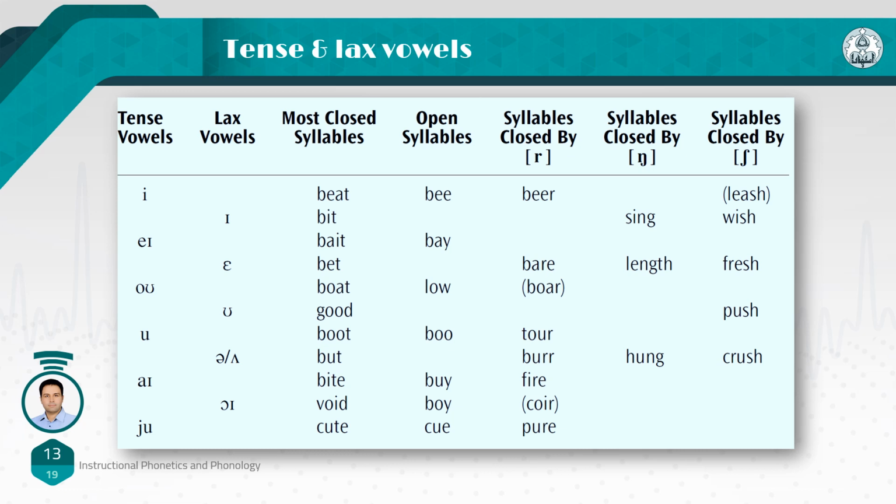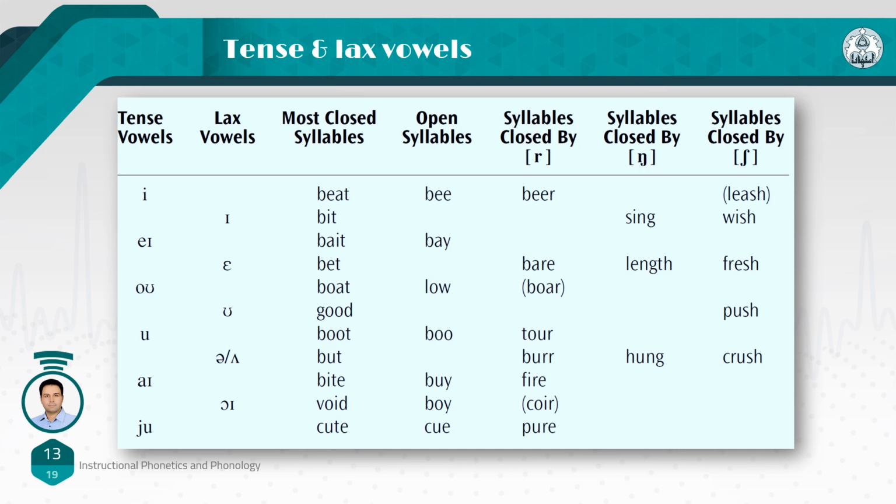If you pay attention to the column most closed syllables, you can see that it is full of words, so all of the vowels can happen here. In open syllables, only some vowels could occur, like in bay, low, boo, buy, boy, and queue. And then we go to syllables closed by r.